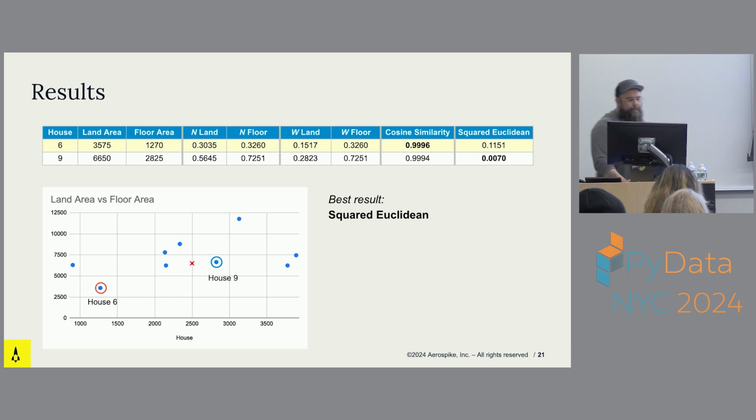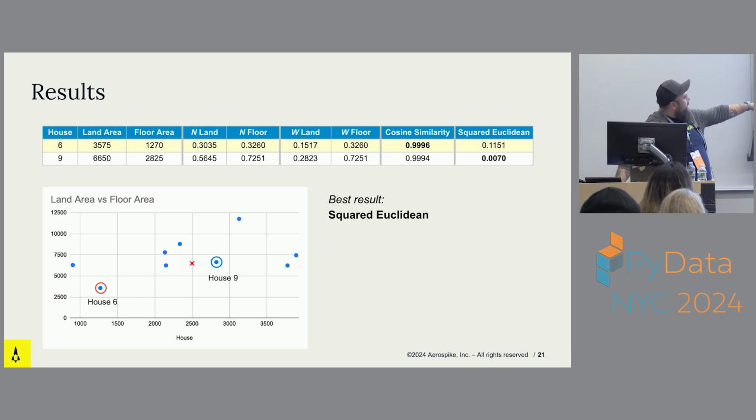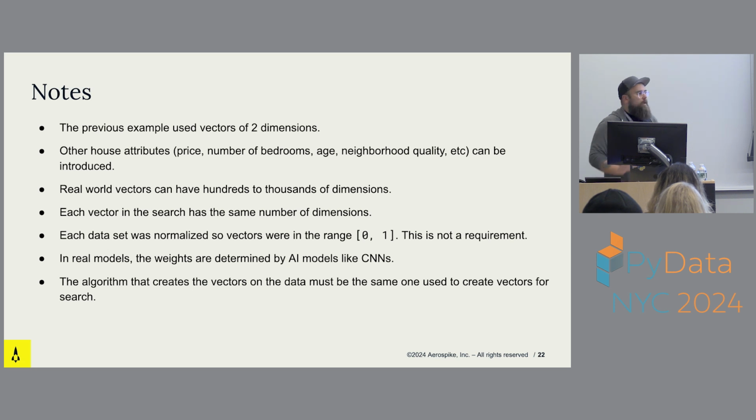All right, so like we just saw on the last slide, best results, squared Euclidean. Now, if we actually plot these things out, it looks pretty good. We can see that cosine makes sense, and some of these other ones are also not too far off, but that one was our best result. So we talked about some of these notes as we went. 2 dimensions is very low.